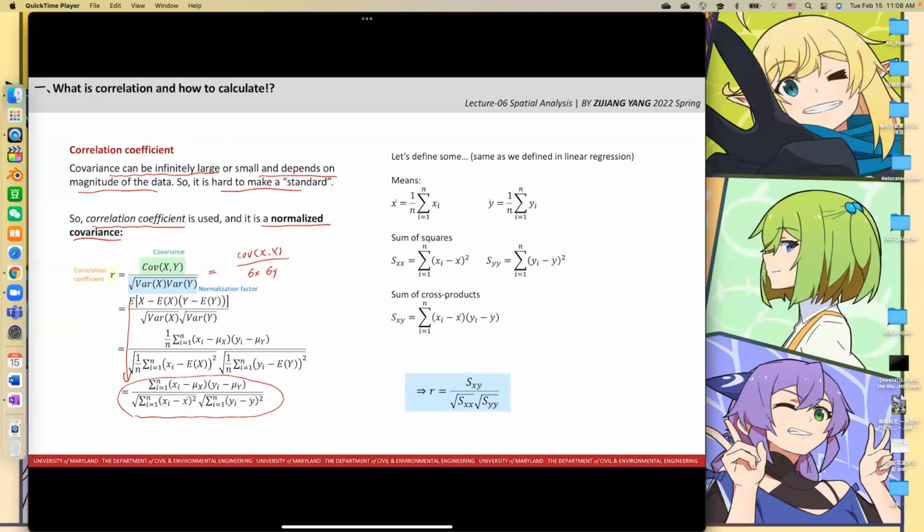And again, we have SXX, SYY, and SXY, which we are familiar with. So we can replace these definitions here and find some similarities. Finally, we have this relation: the correlation coefficient equals SXY divided by the square root of SXX times the square root of SYY.